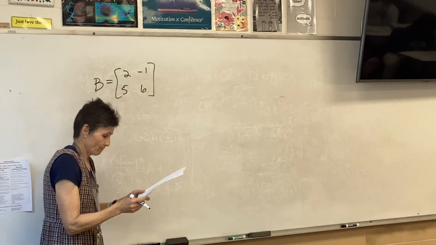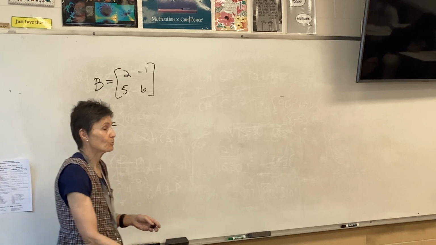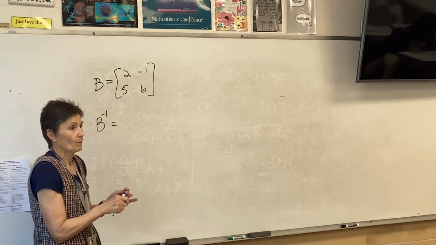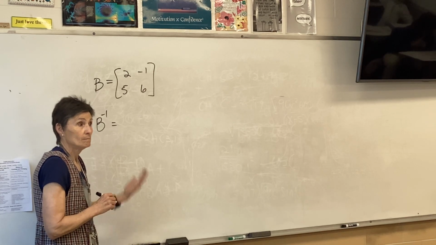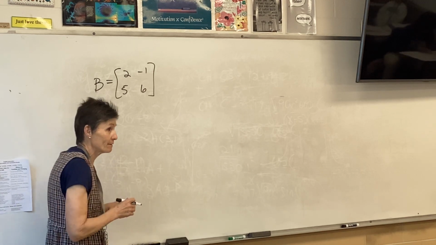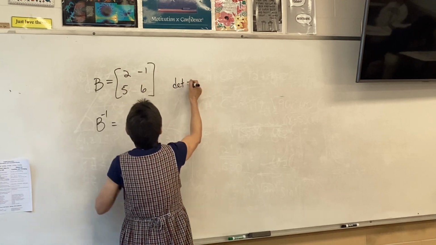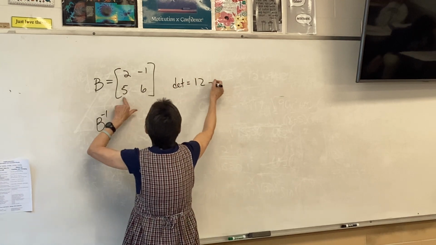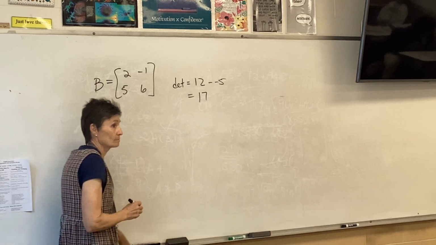So what are the steps to finding the inverse? What do I need to do? I need to find the determinant first. The determinant here is 12 minus negative 5, so the determinant's 17.